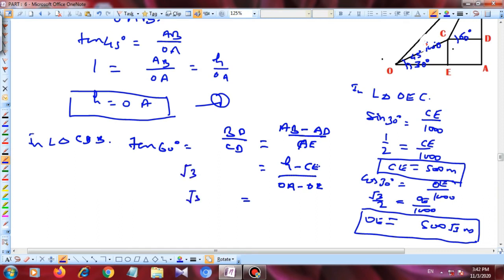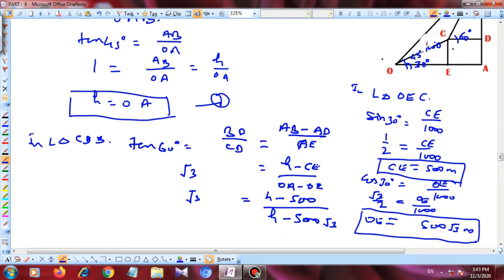So root 3 is equal to H minus CE, the value of CE is 500, upon H minus OE. OE is how much? OE is 500 root 3. Clear?